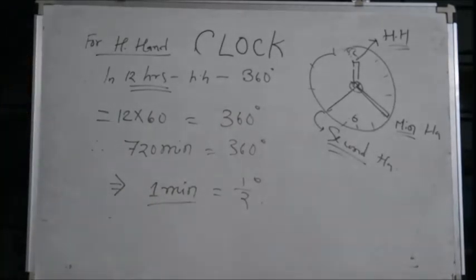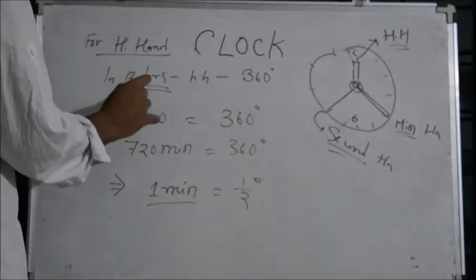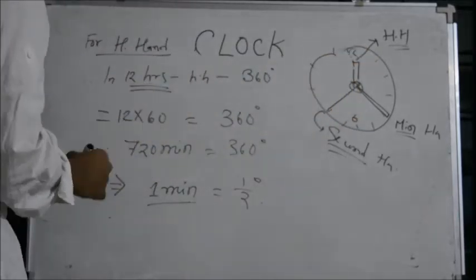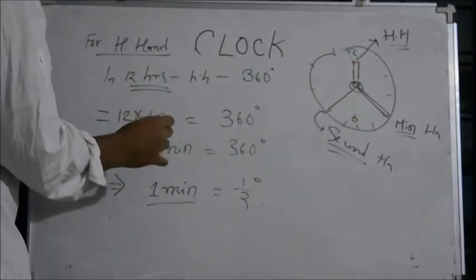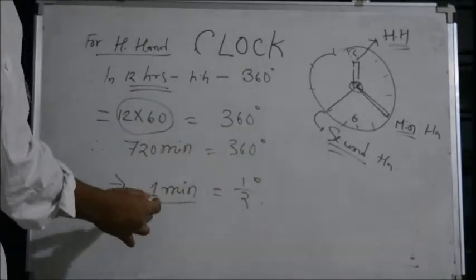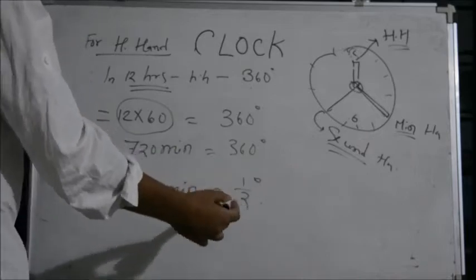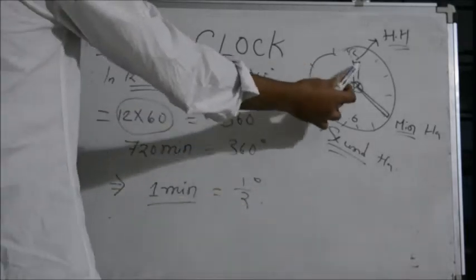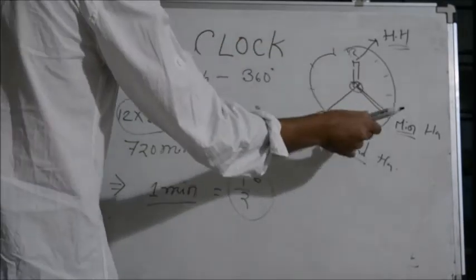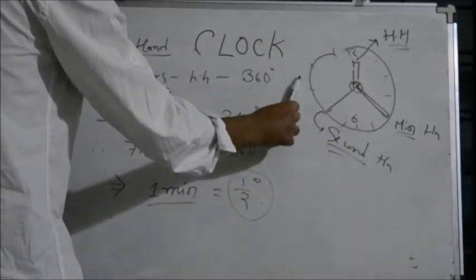Are you getting it? The hour hand moves 360 degrees, one whole circle, in 12 hours. So in 720 minutes, it moves 360 degrees. So in 1 minute, 360 divided by 720 is half. Whenever 1 minute has passed, our hand will move half degree.